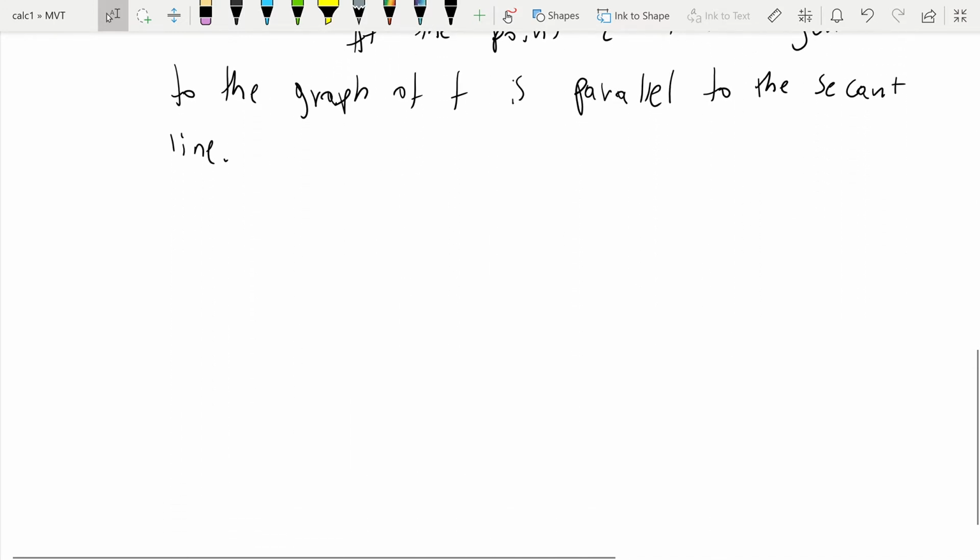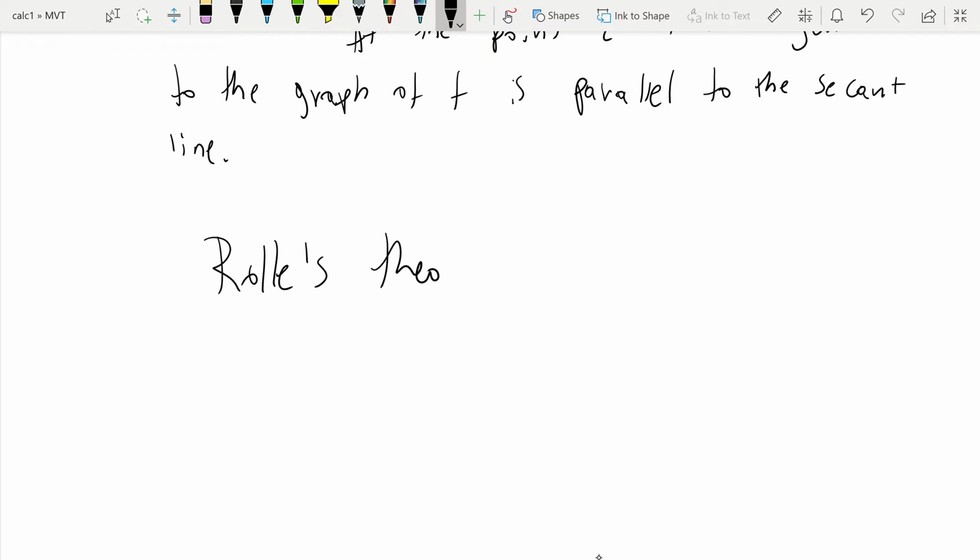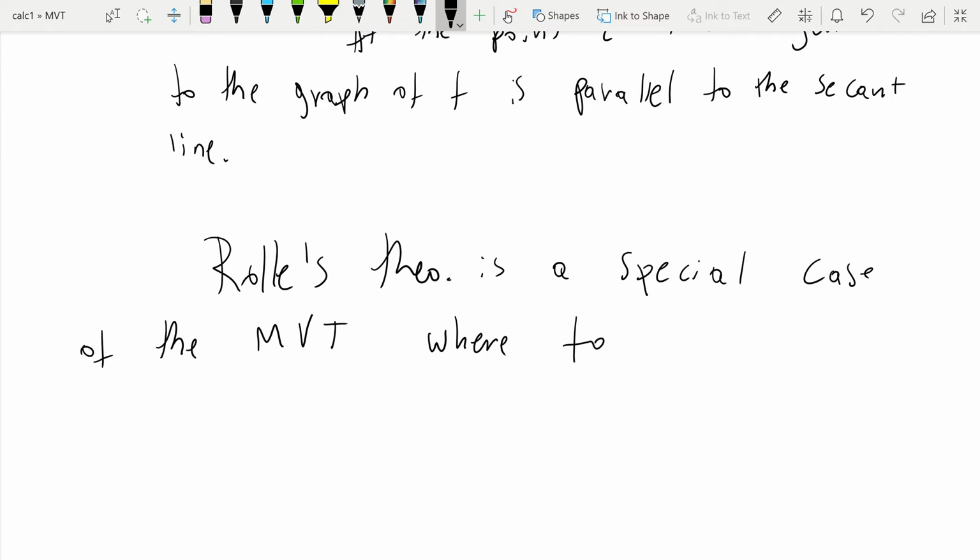So Rolle's theorem is a special case of the mean value theorem where f of a is the same as f of b, which implies in that case that the point you find satisfies that the derivative is 0 at that point.